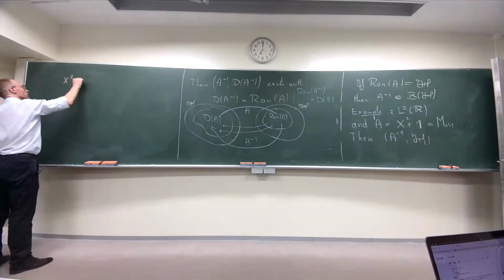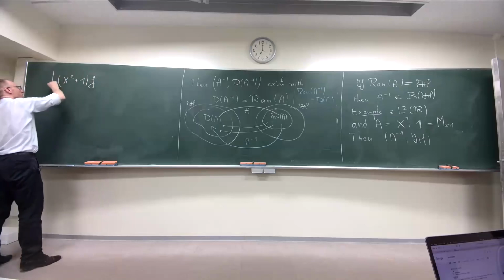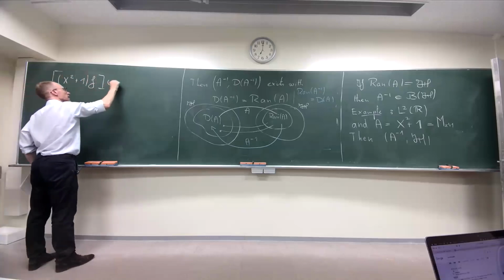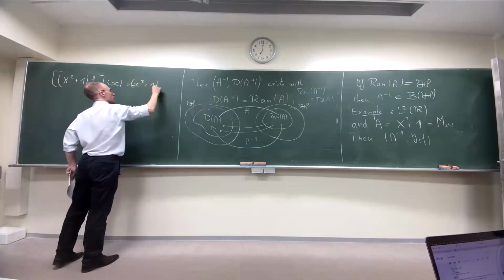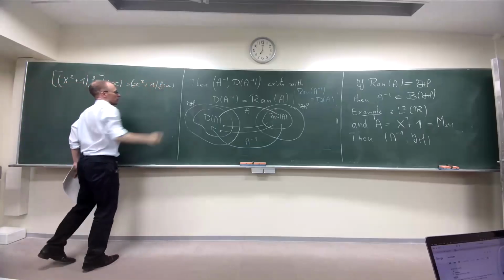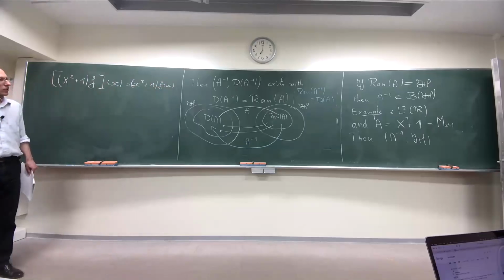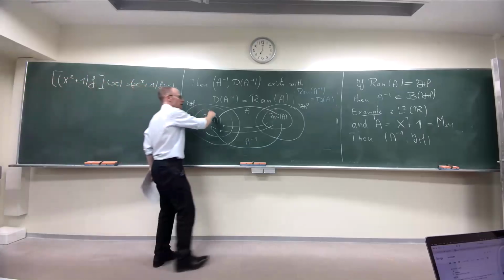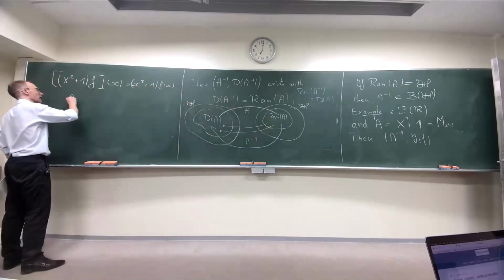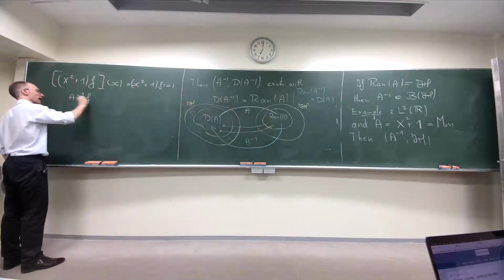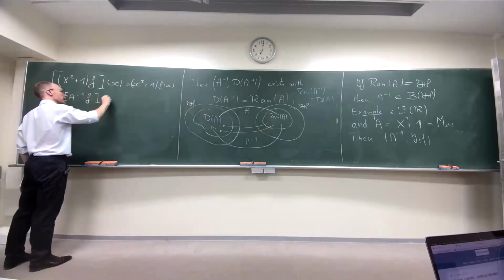X squared plus 1 acting on f evaluated at small x is simply X squared plus 1 times f of X. Multiplication. Now you want to have an inverse such that you come back to here. So the only thing you can define, A minus 1 on f evaluated at X.